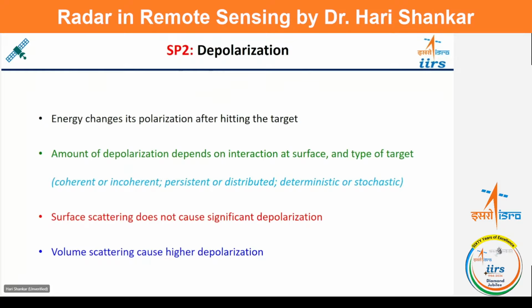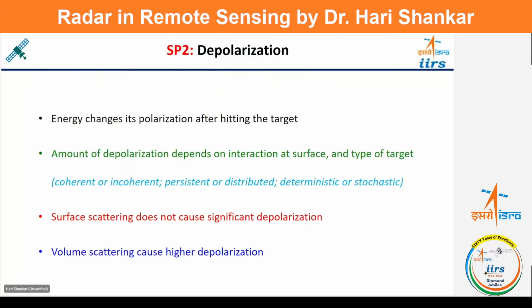Sometimes there are targets which are not able to alter the initial polarization. Those are called coherent targets. Coherent target means whatever the polarization of the incident energy is, the same polarization they carry in the backscattered signals.